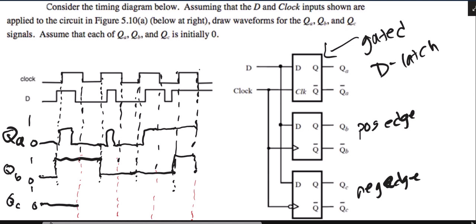And then it looks to see what D is. D is 0, so it'll follow D. It'll become 0. It's already 0. It'll stay 0 all the way to the next edge. D is 0, so it'll stay 0. And then at this negative edge, D is 1, so it becomes 1. And it stays that way there. And at this last negative edge, D is still 1, so it will stay 1.